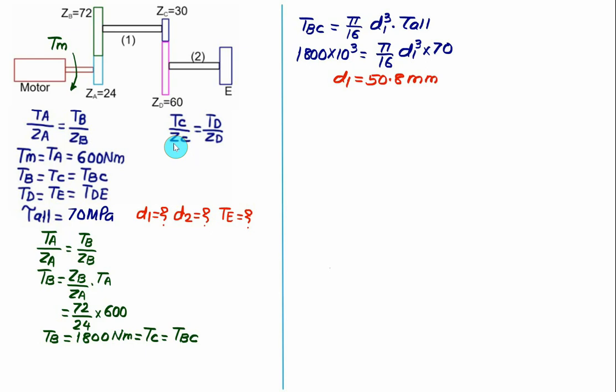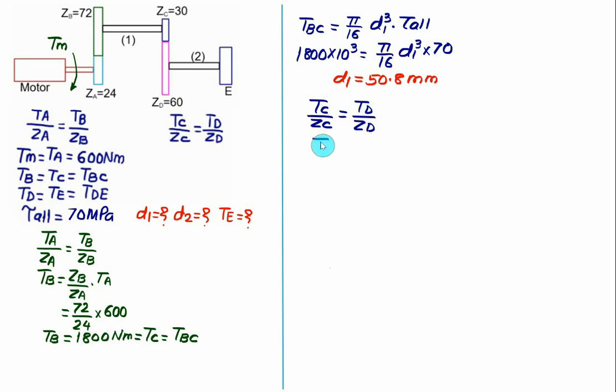Now we'll go for the second equation, that is we have torque at gear C divided by number of teeth of gear C is equal to torque for gear D divided by number of teeth of gear D. TC is known to us, that is equal to 1800. So from this equation we can calculate the value of TD.